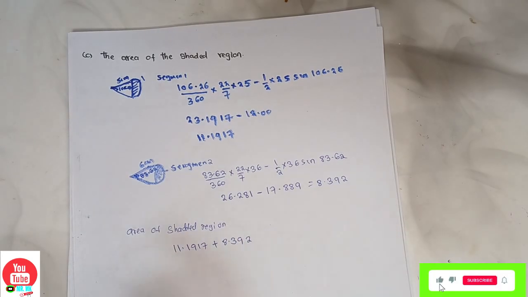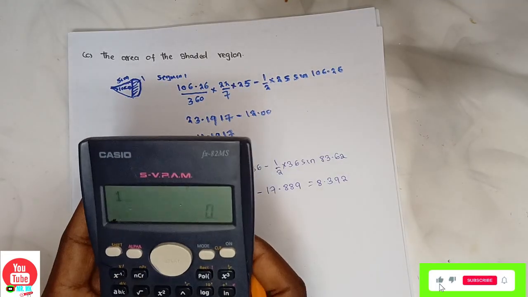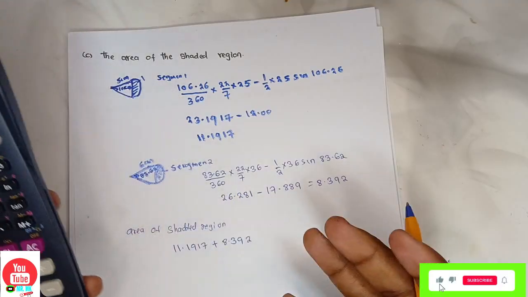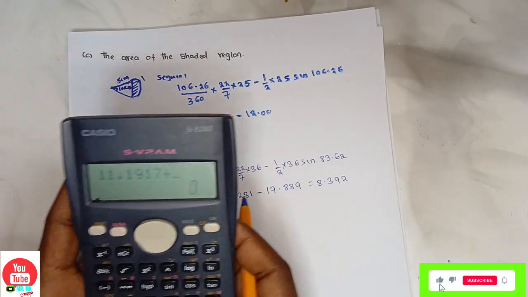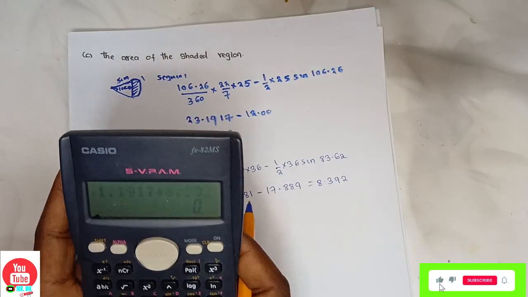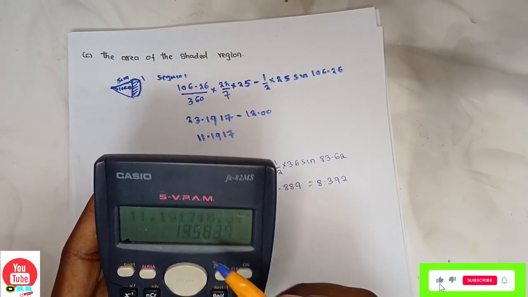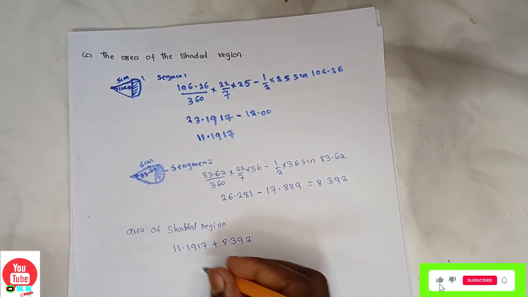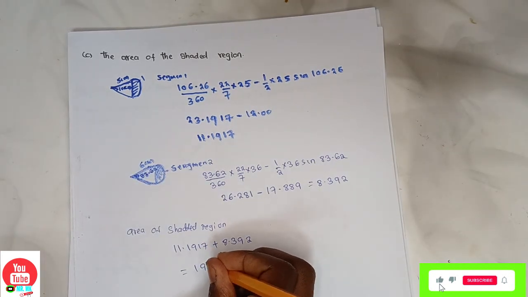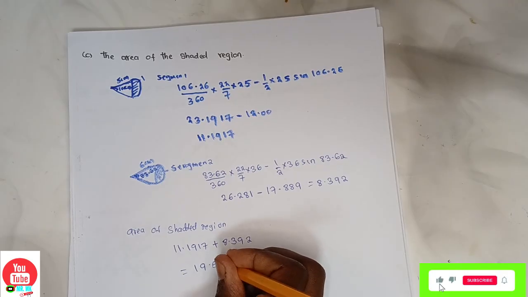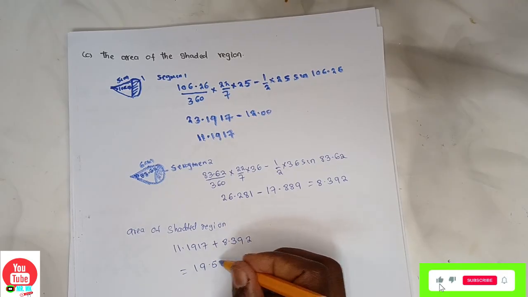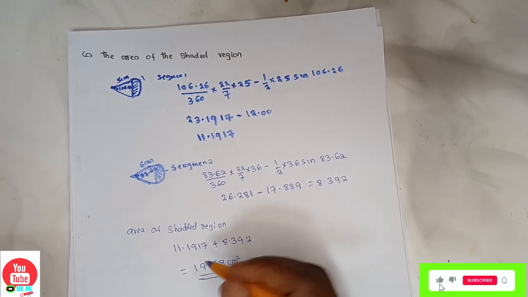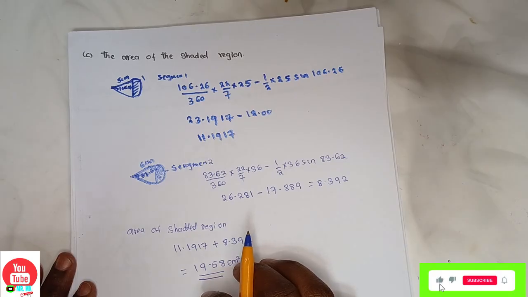Now when you add, you get 19.58. The area of the shaded region will be 19.58 centimeters squared. That will be our final answer.